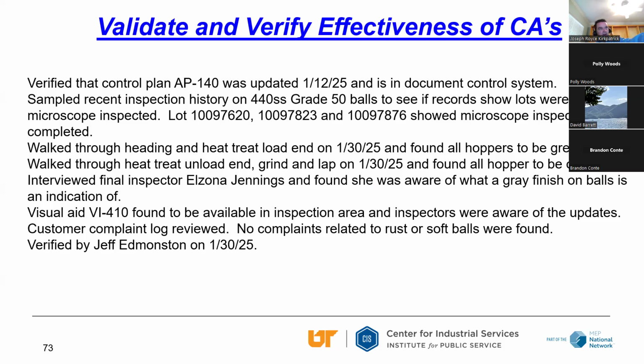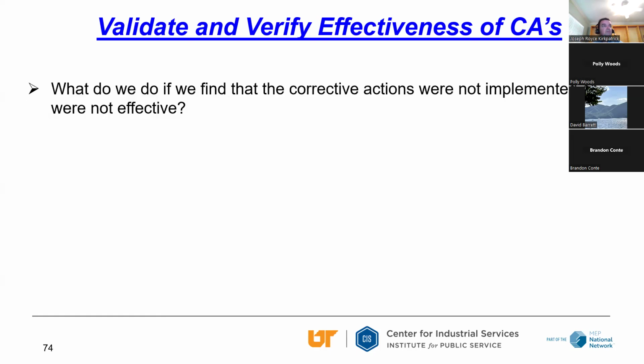Somebody validated the control plan, they sampled, they walked out, they talked to people, they interviewed operators, they looked at data, they made sure the documents were updated, and they looked at the complaint log to make sure we haven't had any similar complaints. This is very good evidence of verifying a good corrective action.